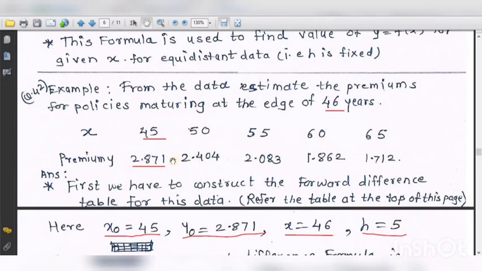If you see that all the values are decreasing, then the next value at 46 that I am getting, 2.76 something, is less than 2.87 and greater than 2.4. So my answer is correct. In this way you can verify your answer in this example also. It is a better way: if you substitute the values properly, you will get the answer correctly.